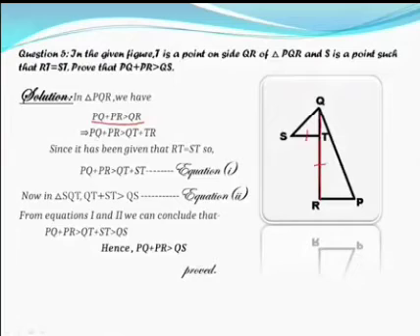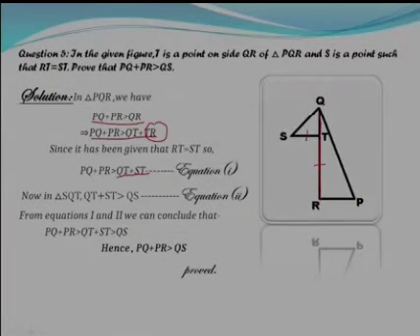So we can further express it as PQ plus PR is greater than QT plus TR. Since we have been given that TR or RT is equal to ST, this TR here can be replaced with ST. So this will give us our first equation, which is PQ plus PR is greater than QT plus ST.